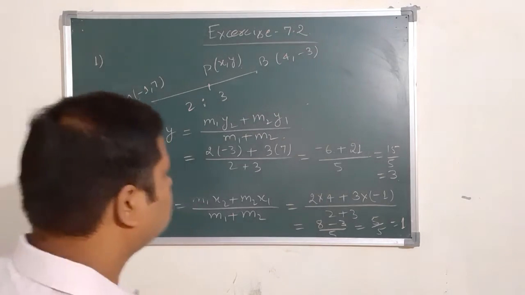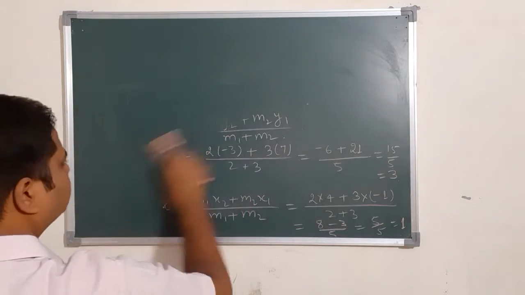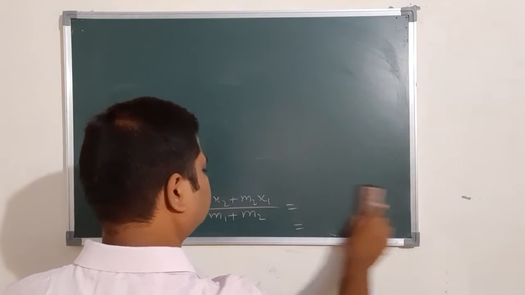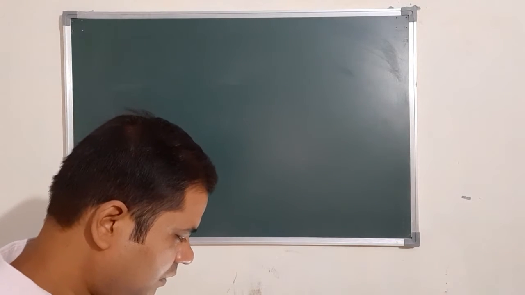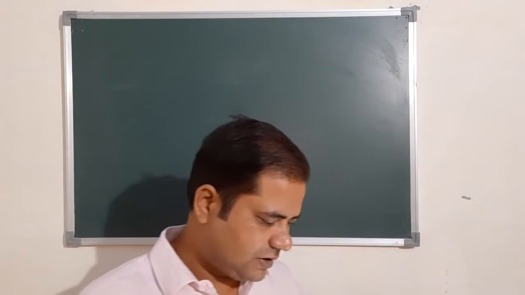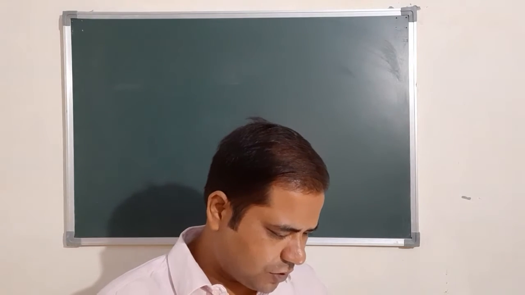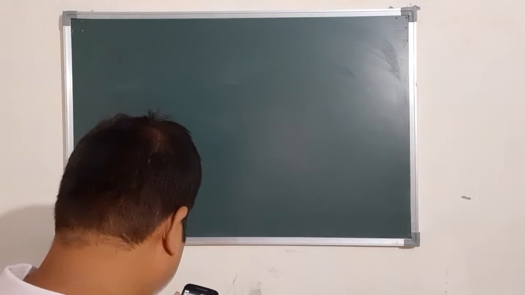Okay, so the next one is: find the coordinates of the points of trisection of the line segment joining (4, -1) and (-2, -3).